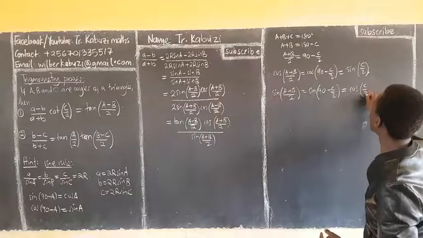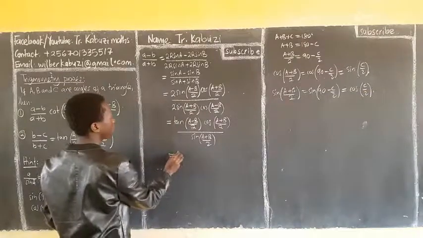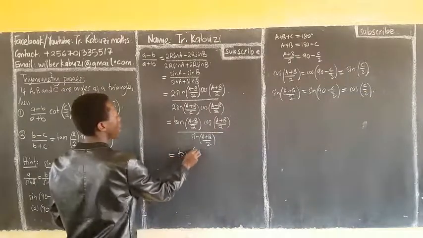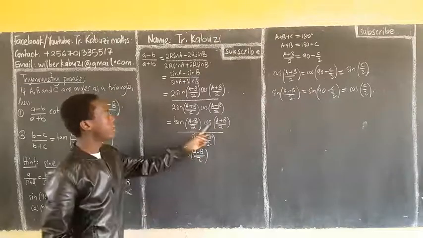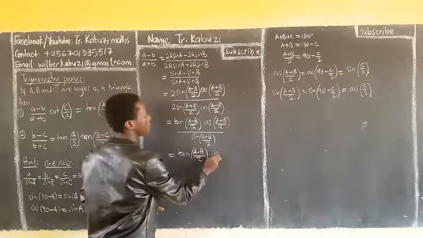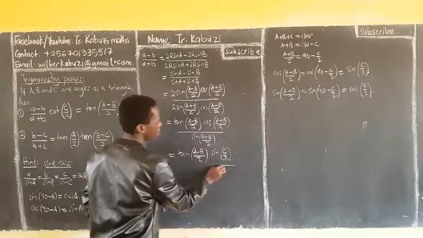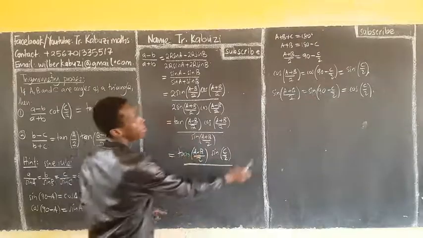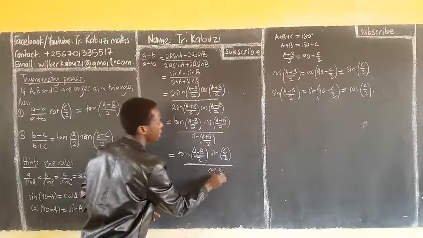So, putting them back here, we start having tan of A minus B over 2. Then cos of this, so that I have sine C over 2. Then the whole over this one is giving me cos C over 2.